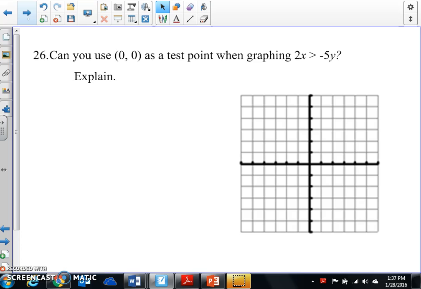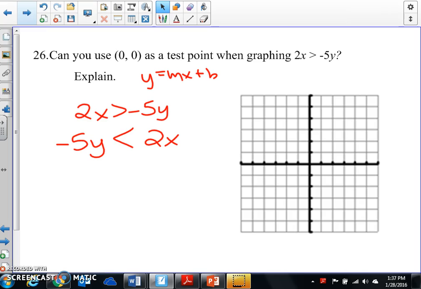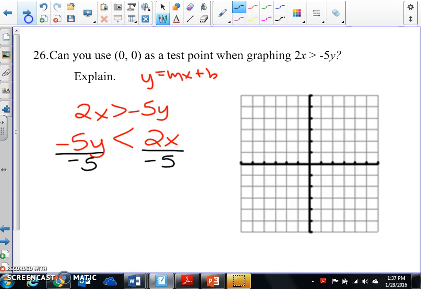All right, can you use 0, 0 as a test point? First of all, we have to put it in y equals mx plus b, so we have to do a little bit of something over here. We want the y on the left, so I could start by flipping this, making this -5y over here, 2x over here. It's eating the 2x, so it needs to eat the 2x. I get y by dividing by -5.